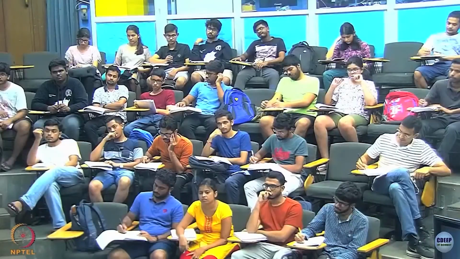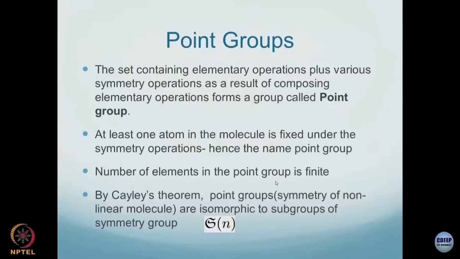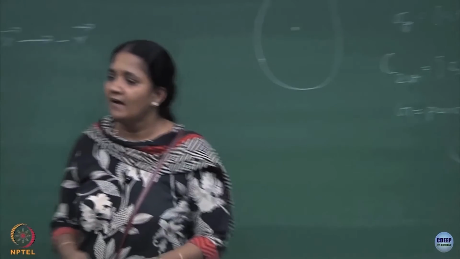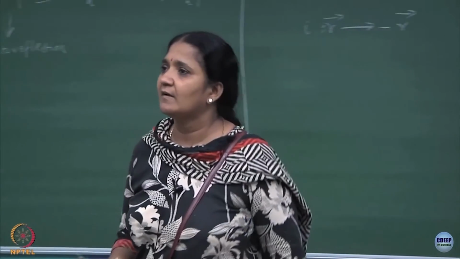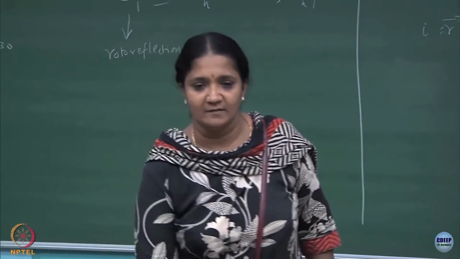Okay. So, the number of elements in the point group, I have given you a flavor with some examples like the ammonia molecule and water molecule, that by looking at the symmetry of a molecule I can construct this, and the number of elements will be finite and there will be subgroups of the symmetric group of degree n. Okay.